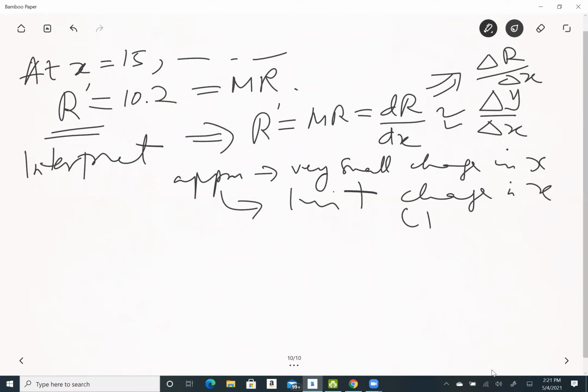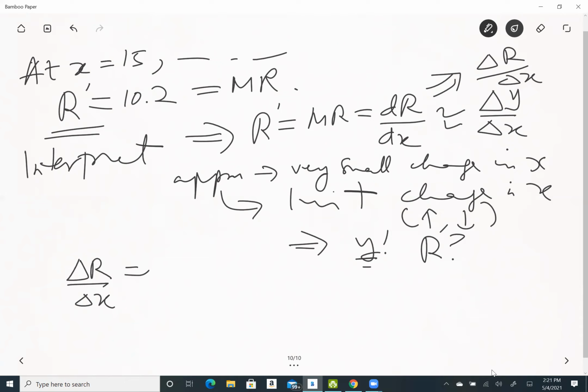1 unit change in x, either increase or decrease. And then what happened to the y? So in this case here, what happened to the revenue? So go back to the first topic, linear function. If you recall, let's say we have the delta R over delta x, which is the marginal revenue. Suppose it's just equal to that answer that you got, 10.2.